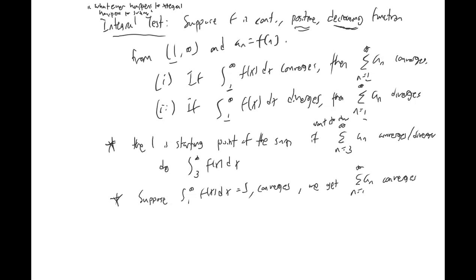It does not mean this, okay? Do not ever write this. It does not mean that the sum is 5 as well. You do not know the value of this. All you get is that if this thing converges, this thing does also. It doesn't need to be equal to the value of the integral.